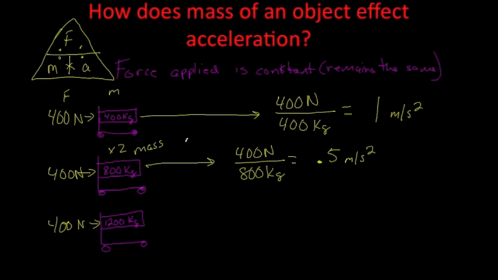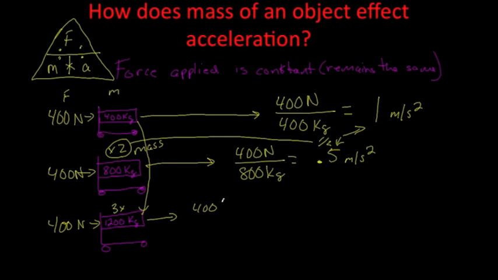Now, notice we doubled the mass. We halved the acceleration. If we triple the mass, so if you look, 1,200 kilograms is 3 times more massive than 400 kilograms, you're going to get 1/3 of the acceleration.